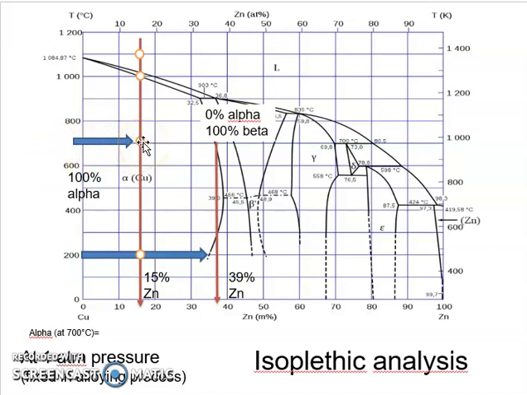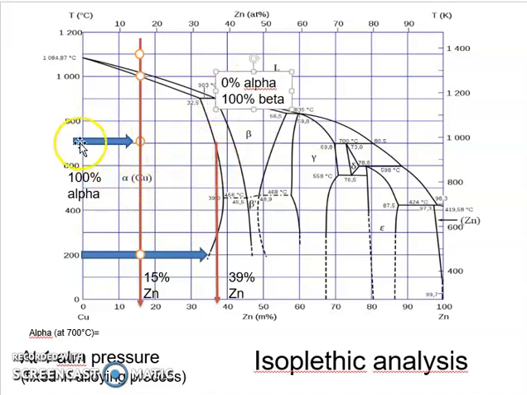So if you want to know the amount, we can do these calculations. So first, try to read the values on the limit of the region. For example, what's the value here on this line at 700 Celsius? More or less 38, 39%.